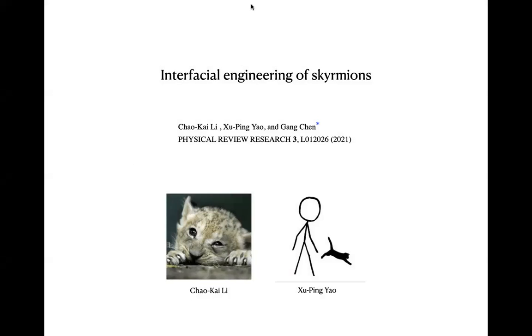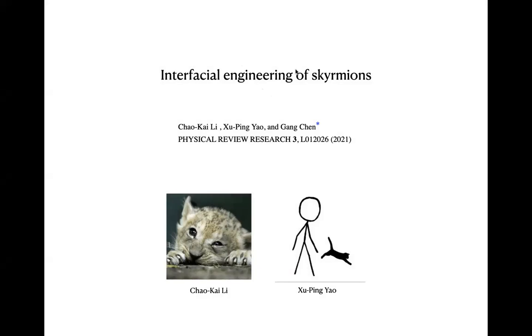Yeah, in this 10-plus-minute March Meeting style talk, I will tell you about interfacial engineering of magnetic skyrmions. This actually belongs to a longer talk about when real space topology meets momentum space topology.